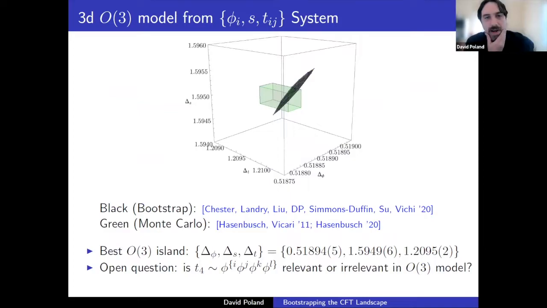Okay, so one application of these new software tools was to a large system of correlators in the 3-dimensional O3 model. We studied the system of crossing relations involving the leading O3 vector, phi I, the leading singlet S, and the leading 2-index symmetric tensor, Tij.